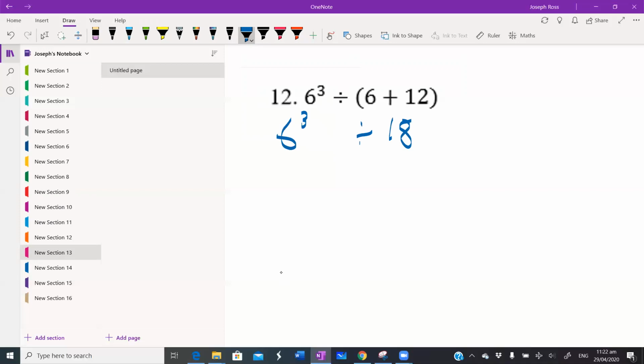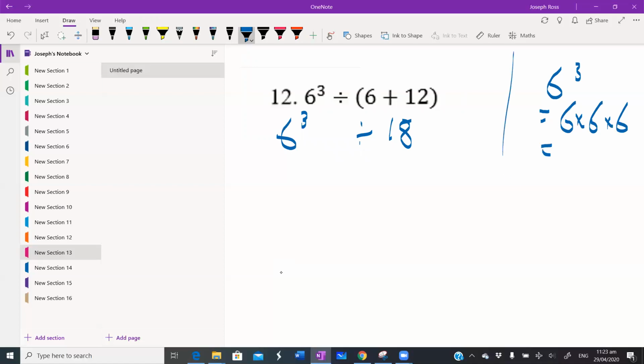Okay, so no more brackets. Do we have any exponents? So this is the first question in this video that has had exponents. That is the 6 to the power of 3, which means 6 times 6 times 6.